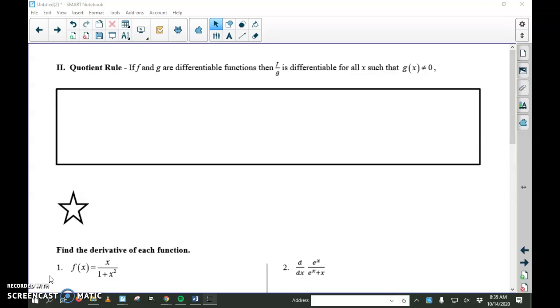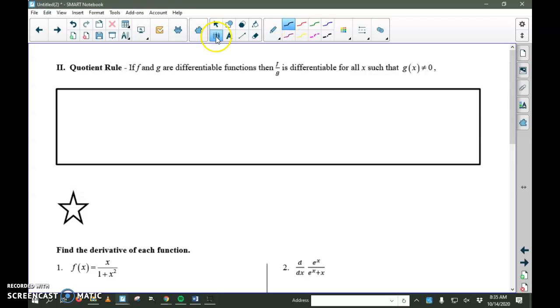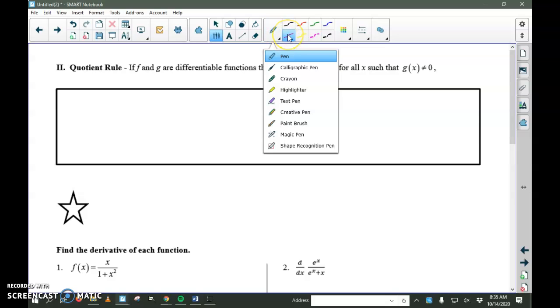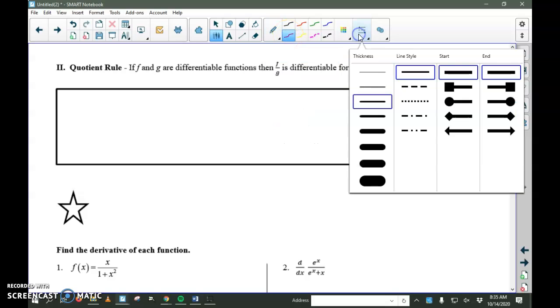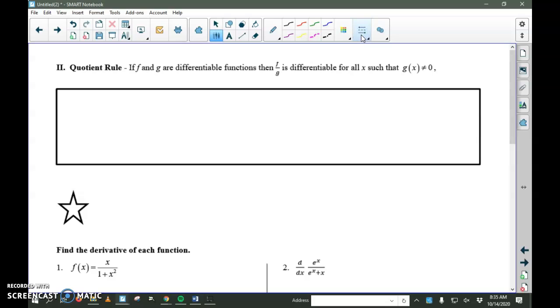So if in my original function f divided by g, there's an x value that makes the denominator 0, I would not be able to find the derivative there. That would create a vertical asymptote, okay? All right, so here's the rule. And again, I wish it were as simple as just take the derivative of the top, take the derivative of the bottom, and divide them, okay?